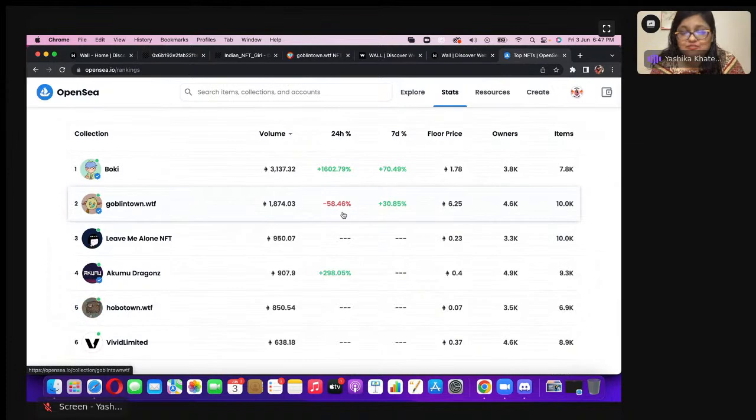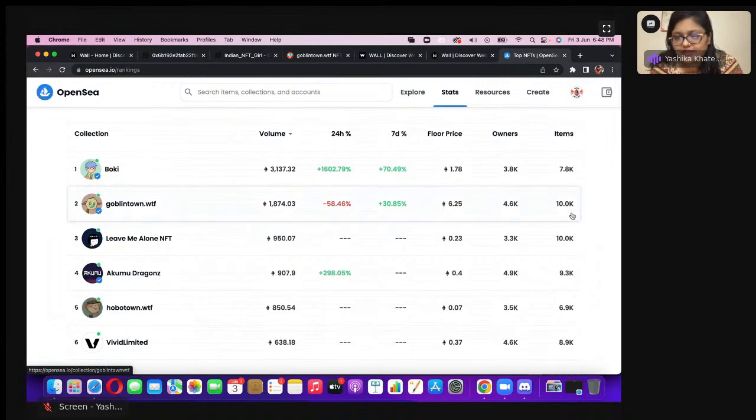But in the last 24 hours, they have gone down by 58%, which means it might be the end of the hype, and now they are probably coming back to their original prices. But anything that you minted for free is free money anyway. Even if it goes up to 0.1, you still earn money, which came to you for free. So yeah, that's the sort of thing that we need to understand.